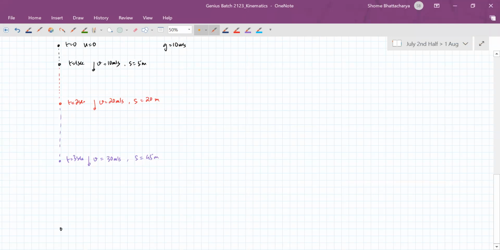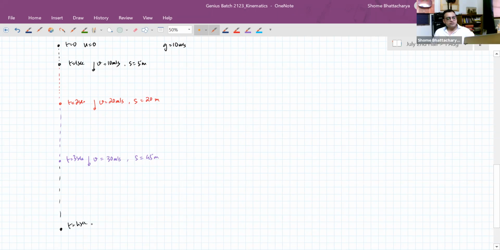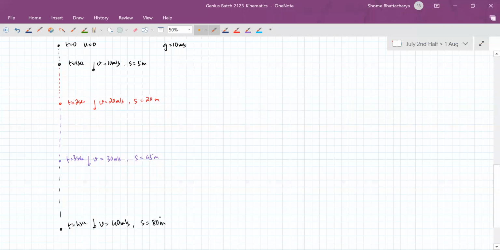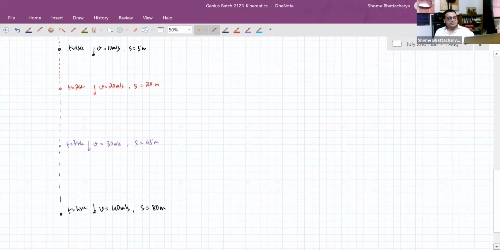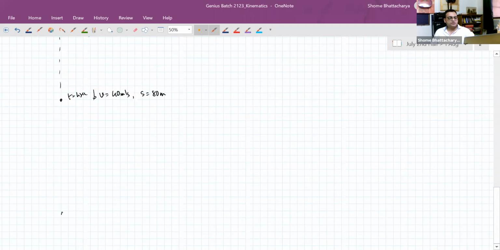Like this, go on in the series. Now you'll see at the 4th second, the velocity has become 40 meters per second, and now it has traveled a total distance from the top. And the final 5th second, now I'll tell you how I've done this calculation mentally also.